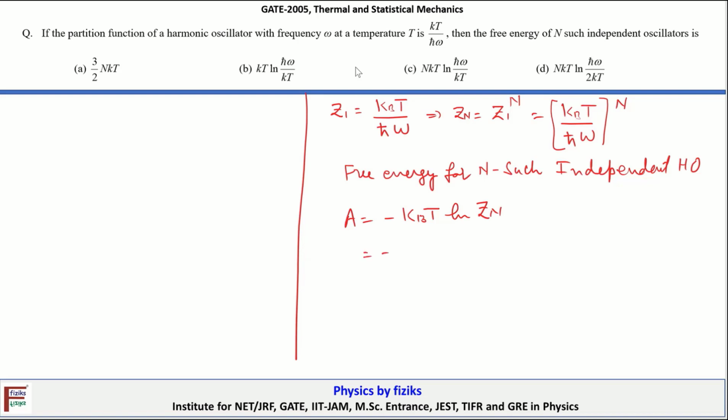So that is equal to minus n kT ln kT upon h cut omega. So that is equal to n kT ln h cut omega by kT. That is our final answer. So this is n kT ln h cut omega by kT. Therefore C is the correct option.